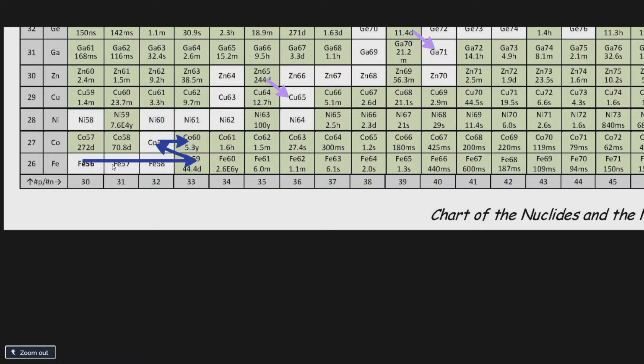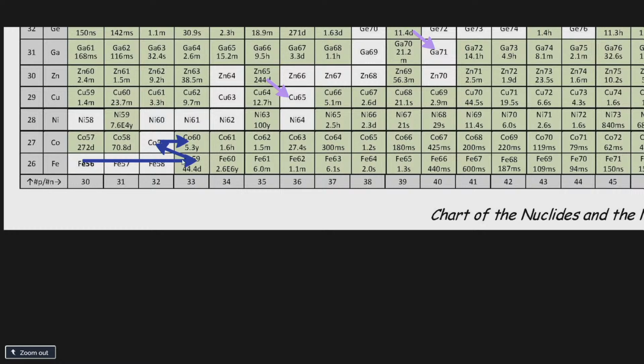So the iron 56 will move to iron 57 when it captures a neutron. It'll move to iron 58, and then it'll move to iron 59. Now this whole thing is once every 10 years on average, so it's taking 10, 20, 30 years to get here, but it's got plenty of time.